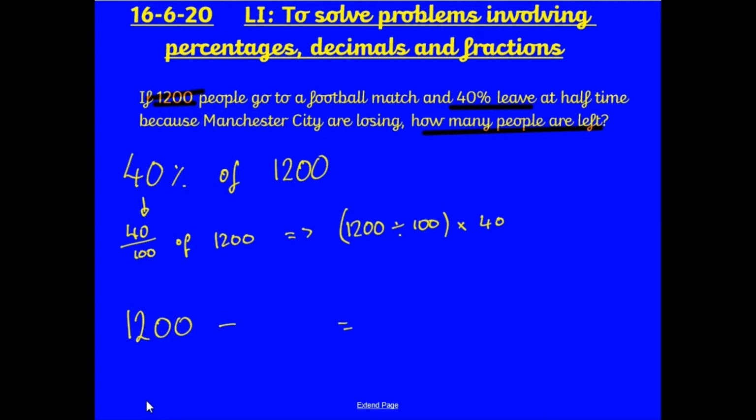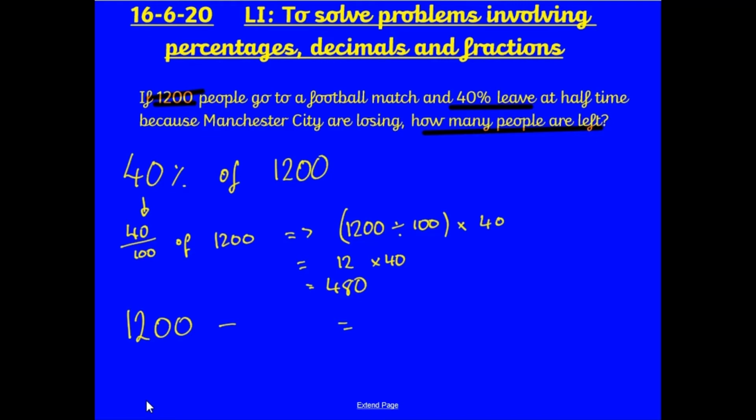Divide by the denominator, multiply by the numerator. So 1,200 divided by 100 is 12, times by 40. Well, 40 times 10 is 400. 40 times 2 is 80, so that's 480. So 480 people have left.